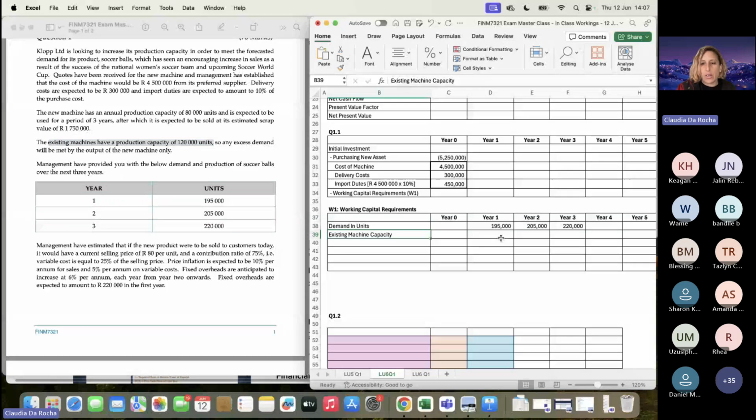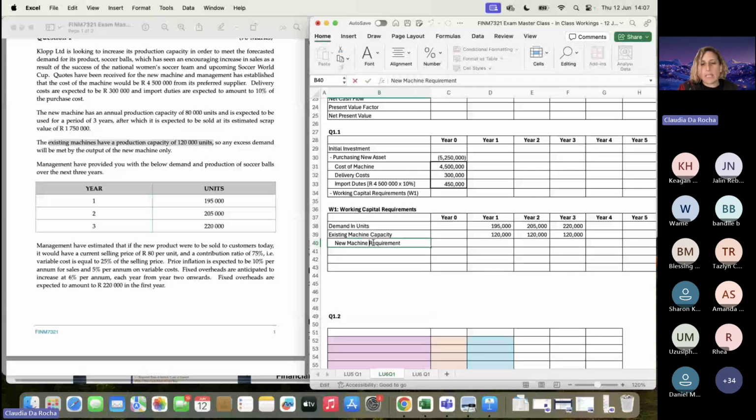Which means, what is our capacity for our new machine? So let's say new machine capacity requirement.